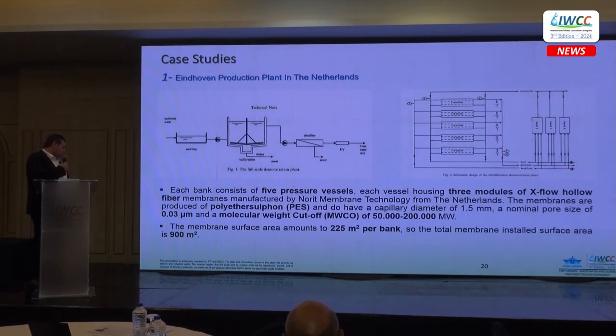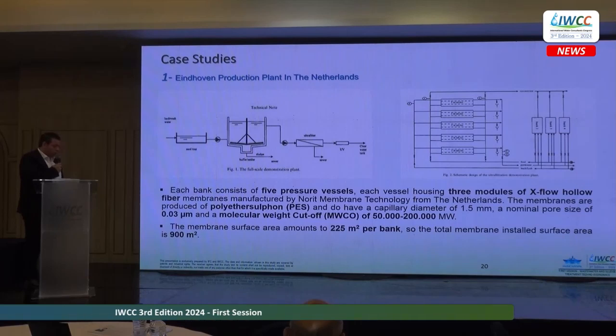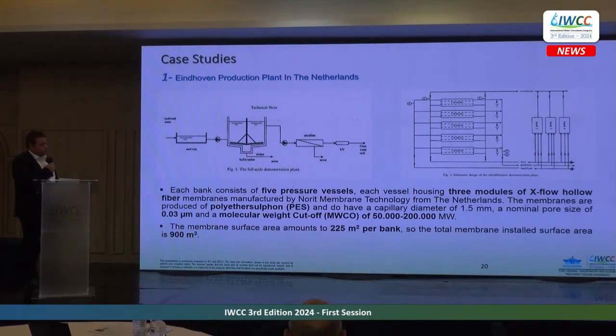We could see also that they used a type of pressurized membrane with a pore size of 0.3 micrometer and a molecular weight cutoff of 50,000 to 200,000 Dalton. The full plant consists of 4 racks, and each rack consists of 5 pressure vessels, each one with 3 modules.